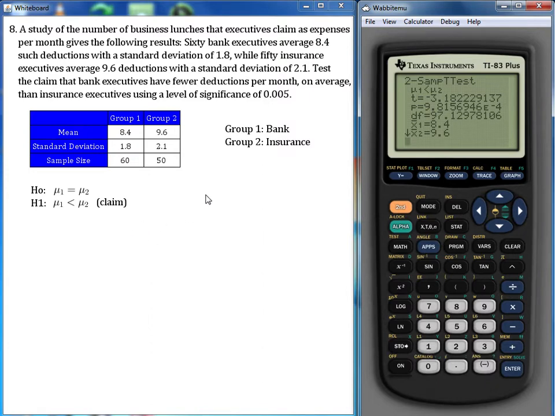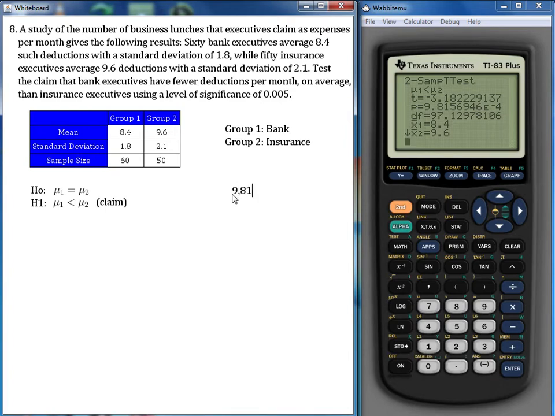Okay, so my p-value, if you notice here, it looks like 9.8156 and then at the end you have the e minus 4. Now don't forget that e minus 4 is important, because what this means is 9.8156 basically times 10 raised to the negative 4th power, which would be 0.00098156.